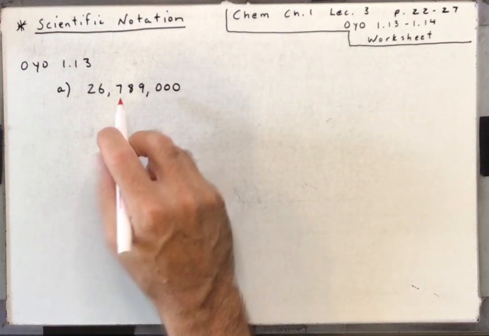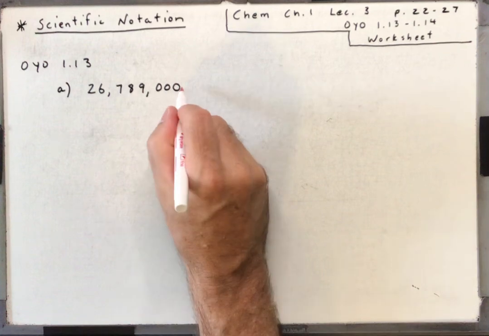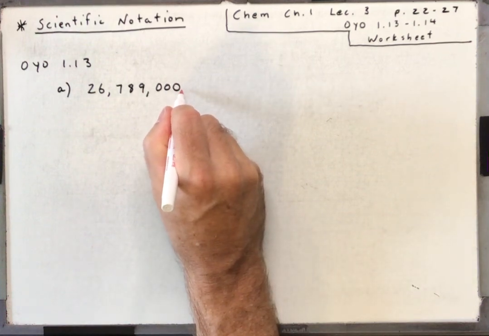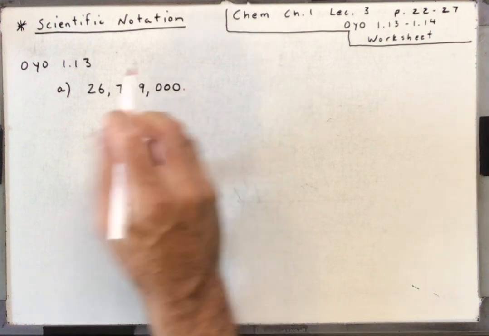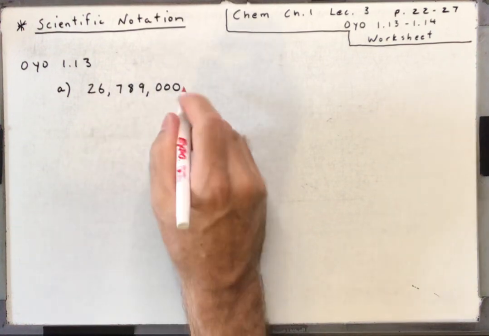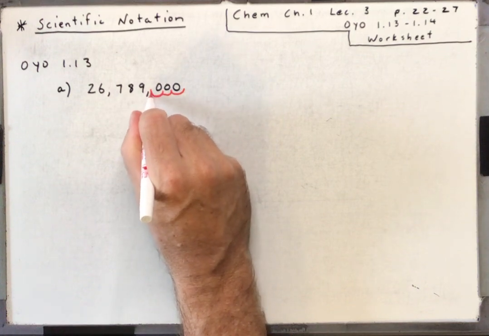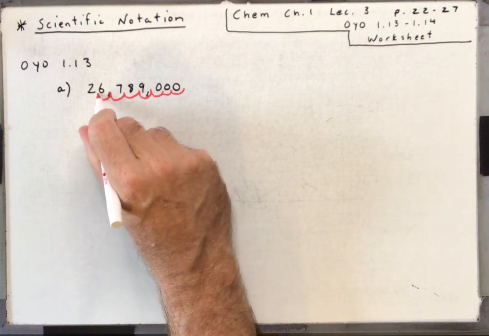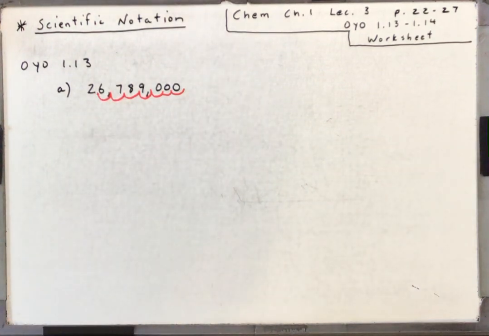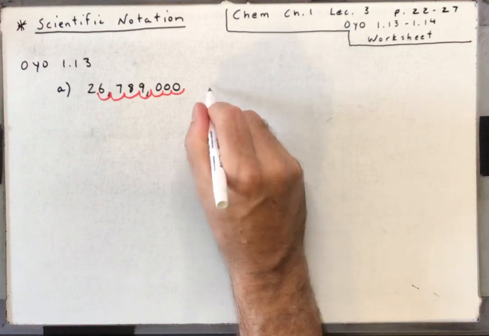For these numbers that are greater than 1, start at the end, all right? And we're going to count how many places that we go until we get to the last digit. So we're going to go 1, 2, 3, 4, 5, 6, 7. So the way that we portray that number in scientific notation, we're going to put our decimal right here.